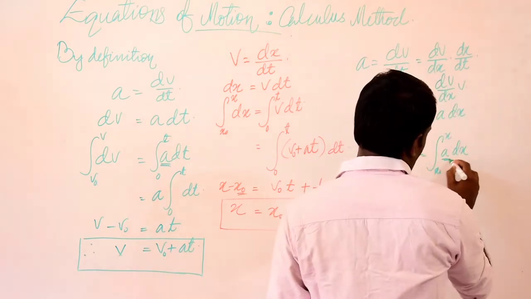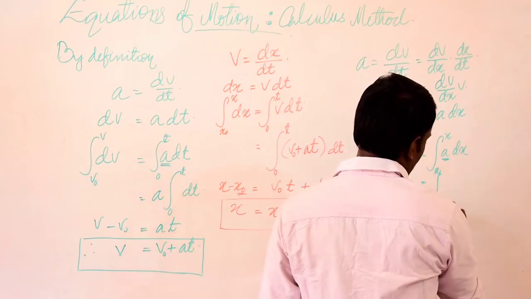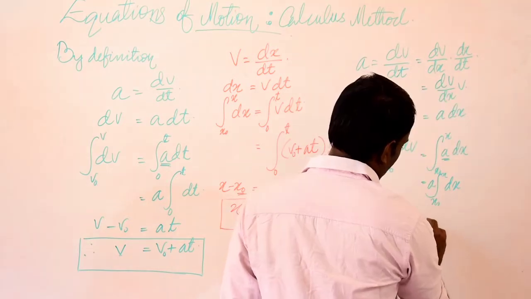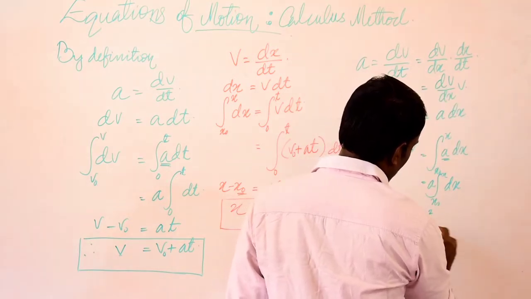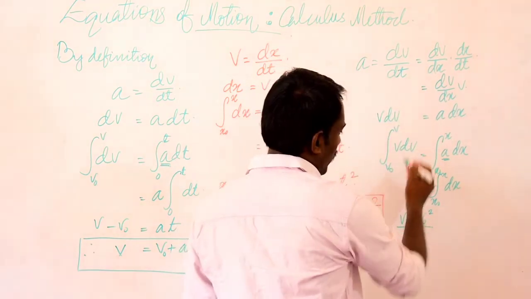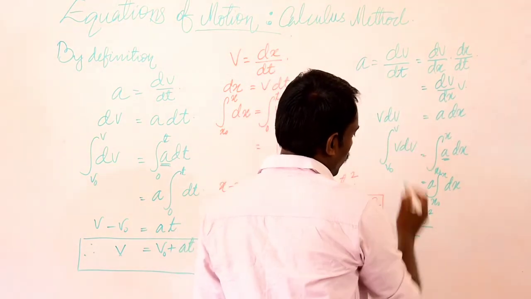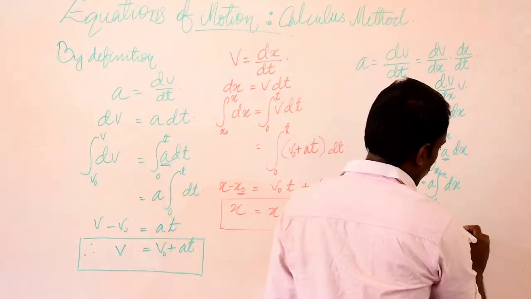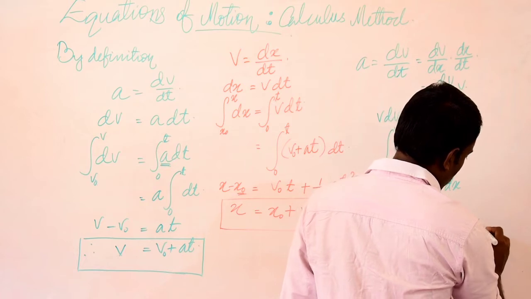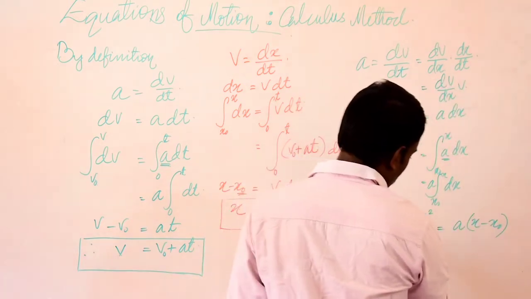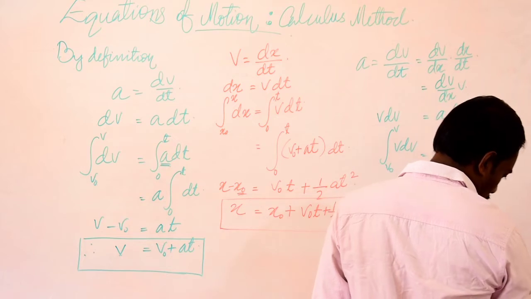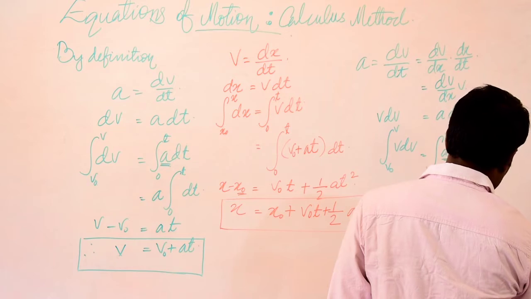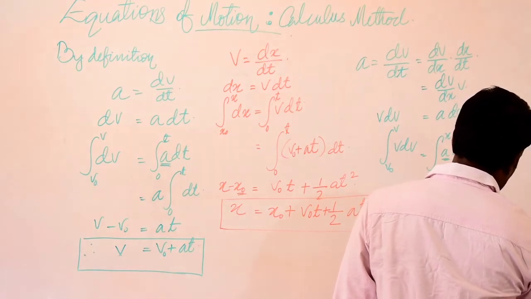Here the acceleration is a constant, so we take it out. On integrating v dv from v0 to v we get (v square minus v0 square) divided by 2, which is equal to a into (x minus x0).